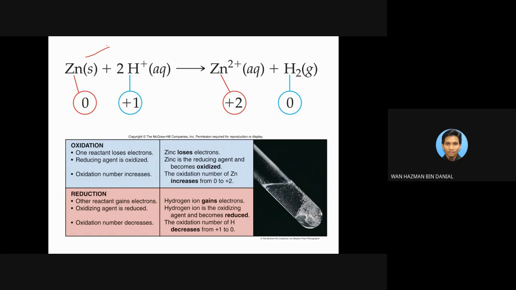When it loses two electrons, we call it oxidation. The oxidation number of zinc increases by 2. The other way, H gains electrons, so it is reduced, and its oxidation number is reduced to 0. So this is basically the redox reaction.